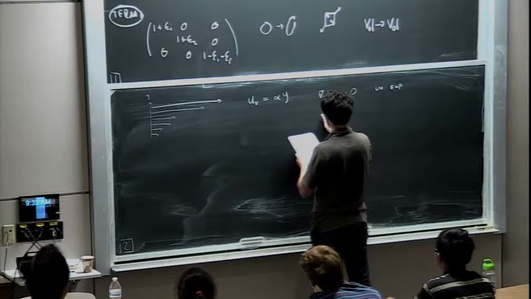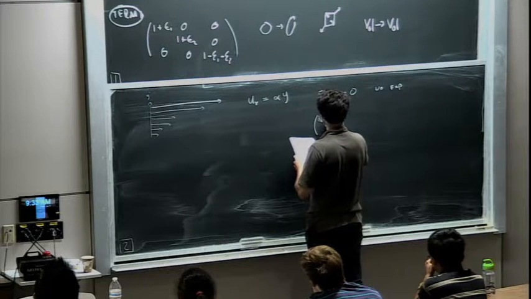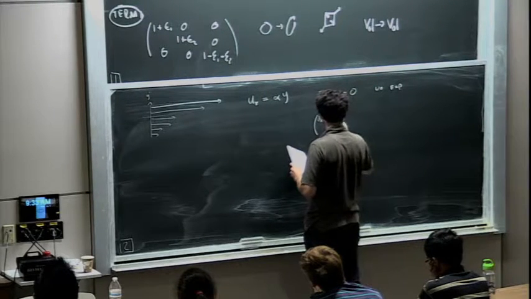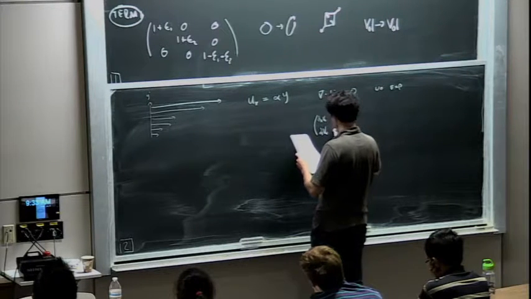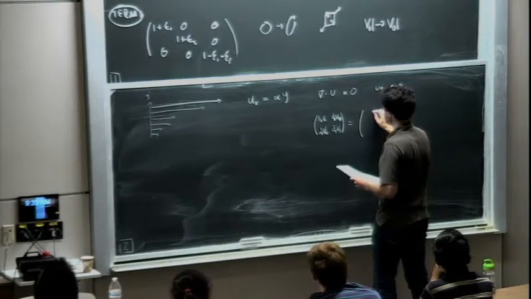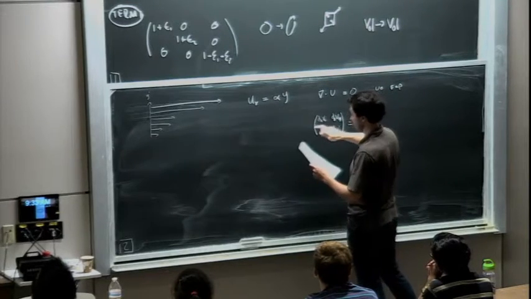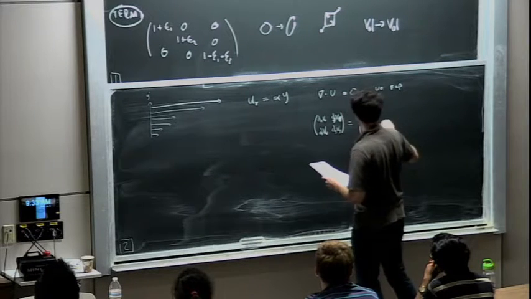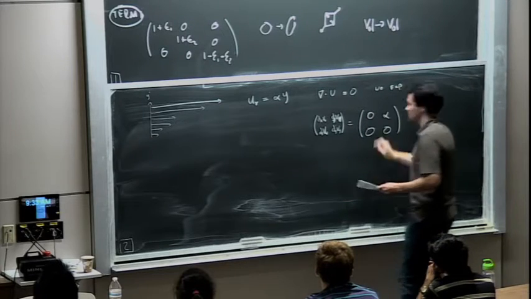Then we can compute our matrix: dx vx, dy vx, dx vy, dy vy. This comes out to be, dx vx is 0, dy vx is equal to alpha, and our other two terms are going to be 0.